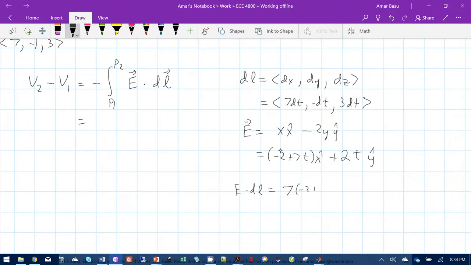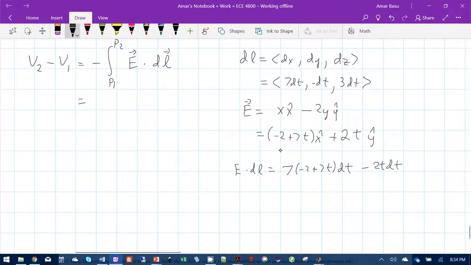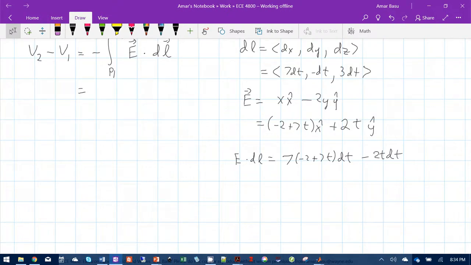Negative 2 plus 7t times 7 dt, plus the y components, negative dt and 2t. So minus 2t dt. Everyone with me?